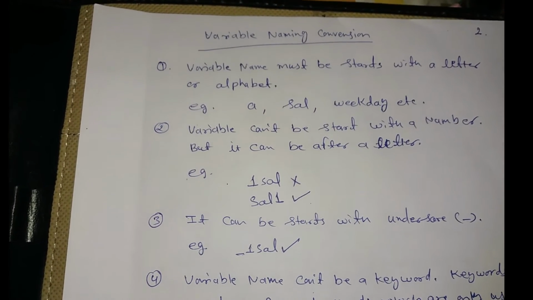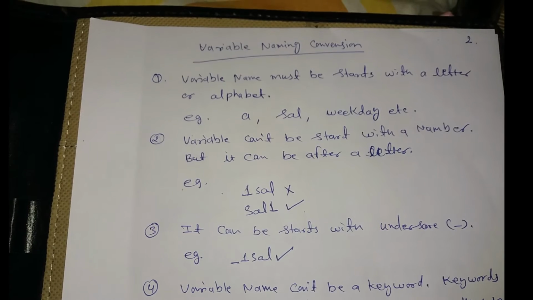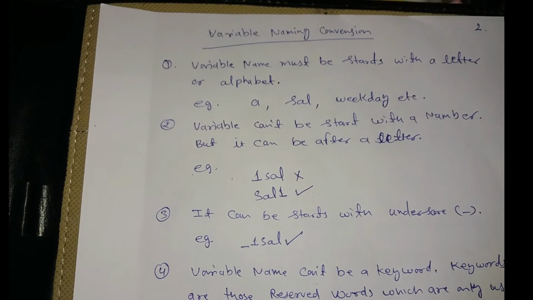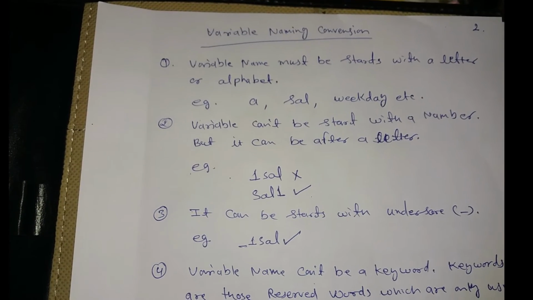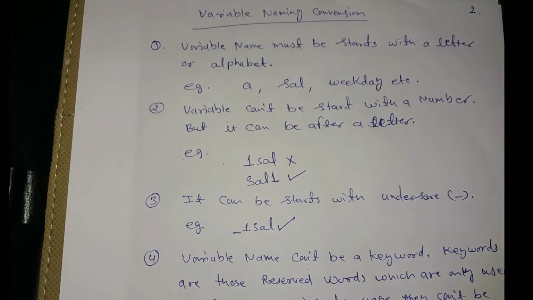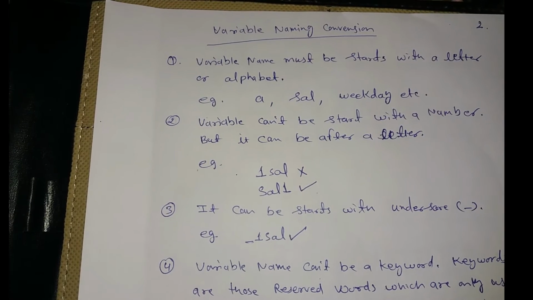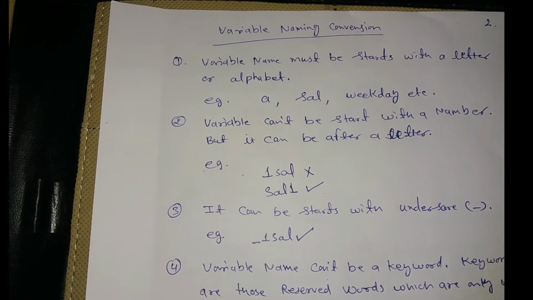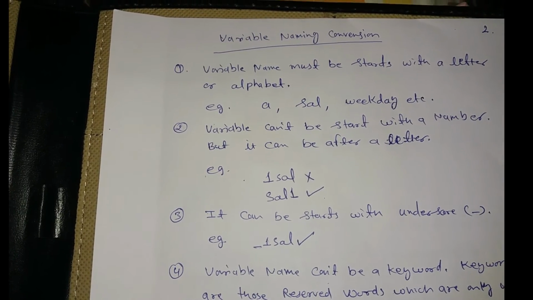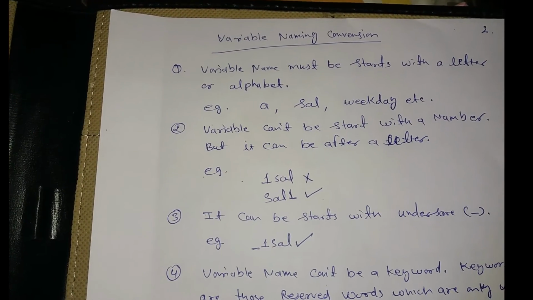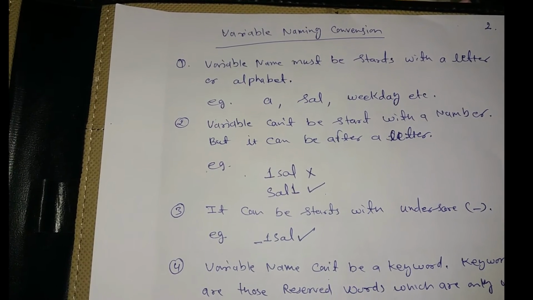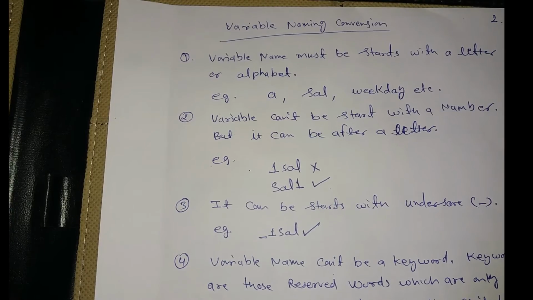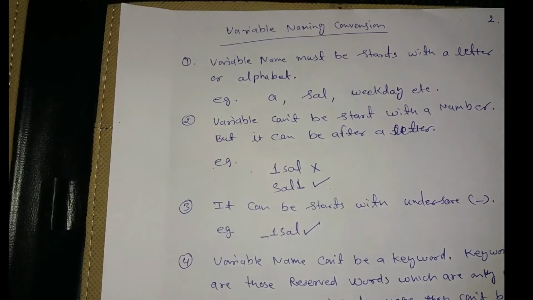Example: A, cell, weekday, etc. Rule number two is that a variable cannot start with a number, but it can have a number after a letter. So the first example, 1cell, is wrong, and the second example, salary1, is correct. So you can use a number in the naming convention after any kind of alphabet or letter.